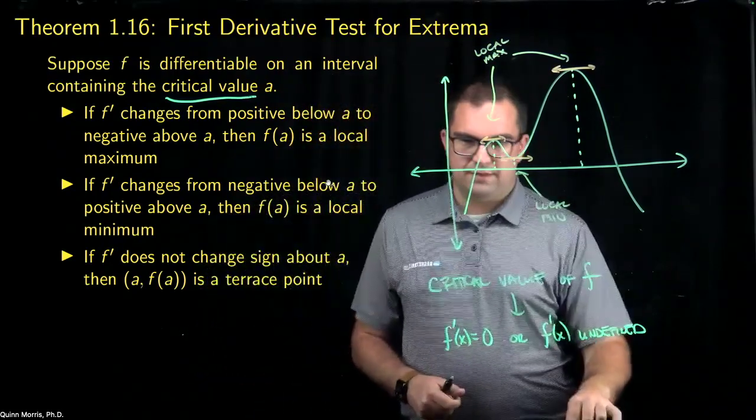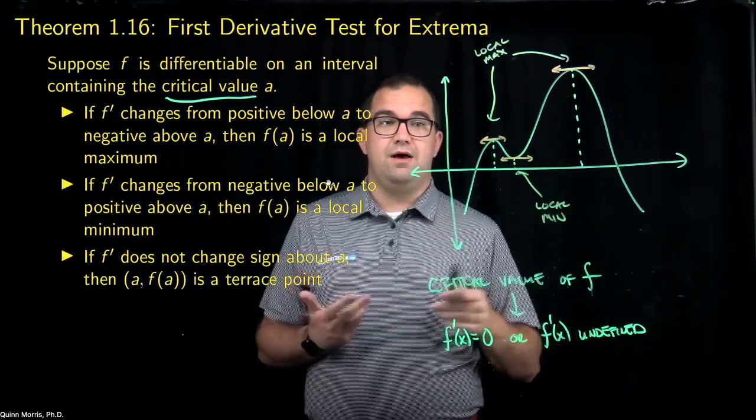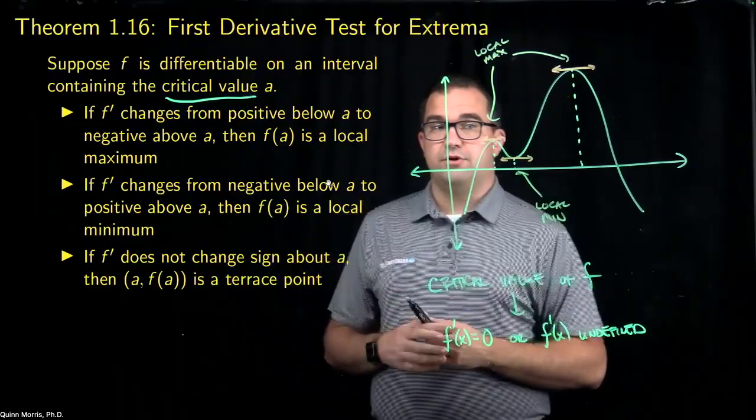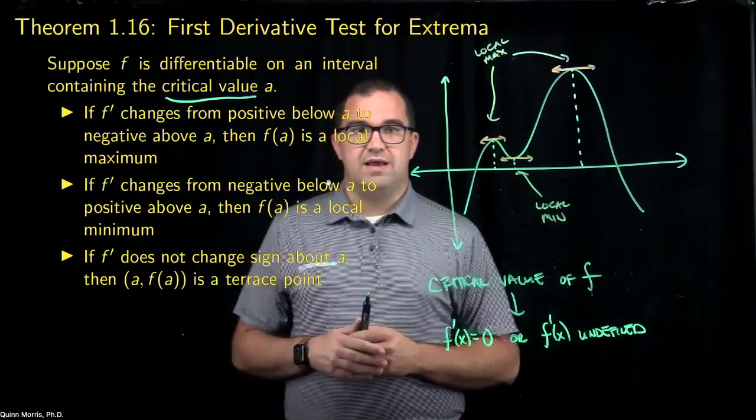However, if I'm just looking at the equation of a function, it is almost impossible to tell without doing some more analysis, once you find the critical value, whether that critical value is a local maximum or local minimum. And that's where the first derivative test comes into play.